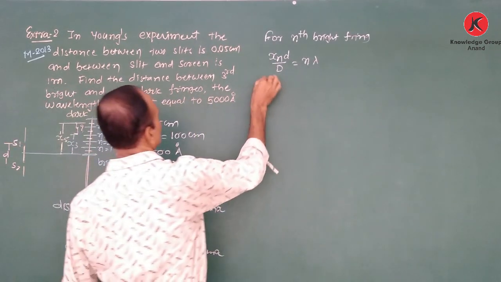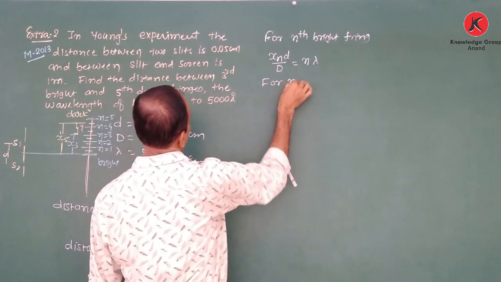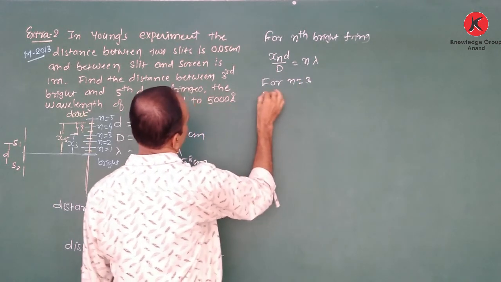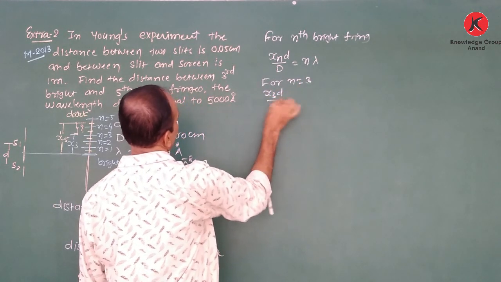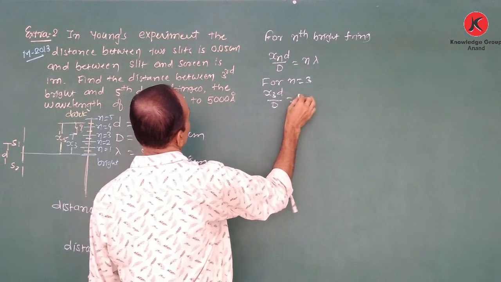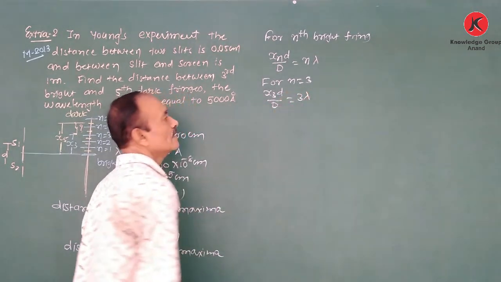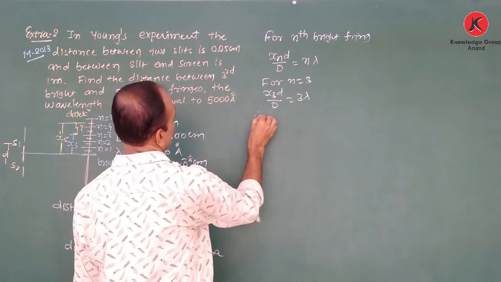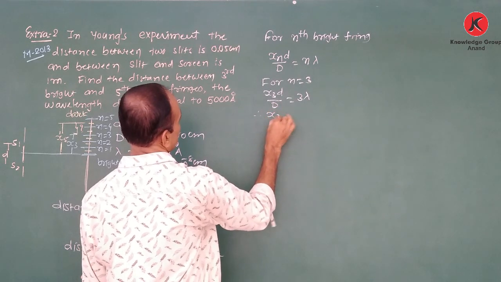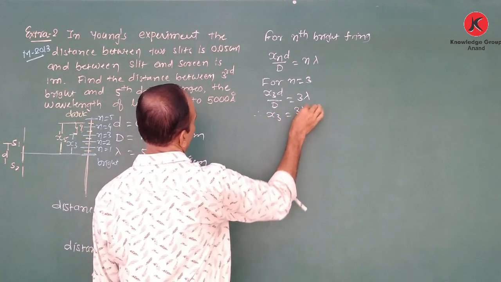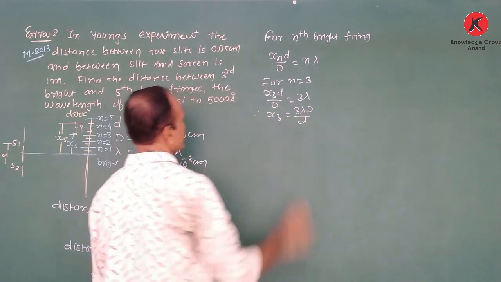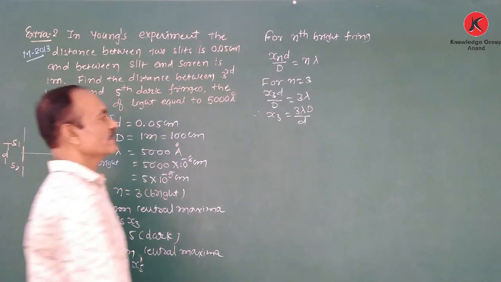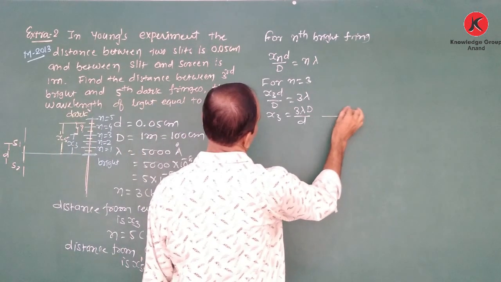For n equal to 3, therefore x3 d upon capital D is equal to 3 lambda. Therefore, x3 is equal to 3 lambda D upon small d. That is equation 1.